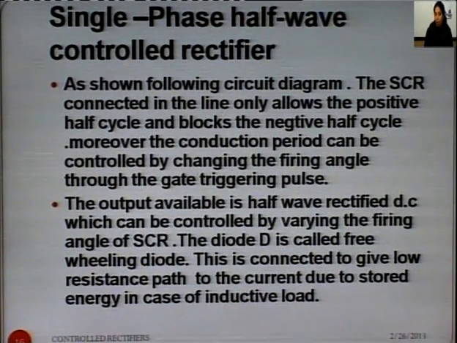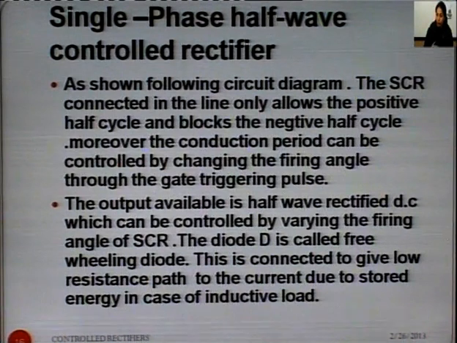So, in the following circuit diagram, the SCR connected in line only allows the positive half cycle and blocks the negative half cycle. In the circuit diagram which is coming further, we are employing an SCR.